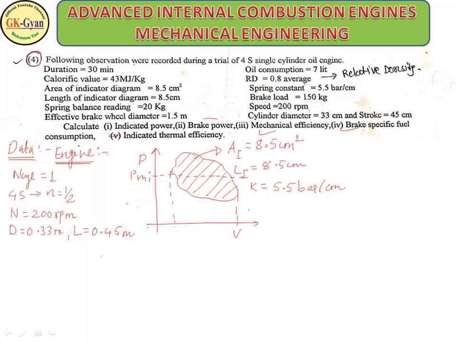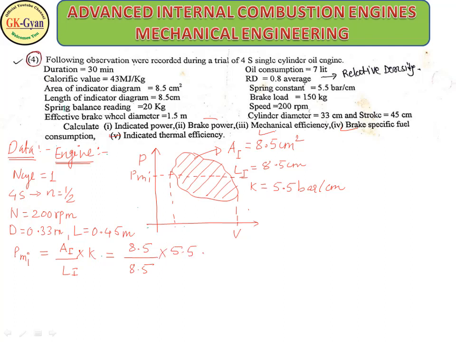So how to calculate mean effective pressure? PMI is equal to, with the help of the indicator diagram, the formula is area of indicator diagram divided by Li, length of the indicator diagram, multiplied by spring constant. So AI is 8.5 centimeter square divided by Li 8.5 centimeter into 5.5.